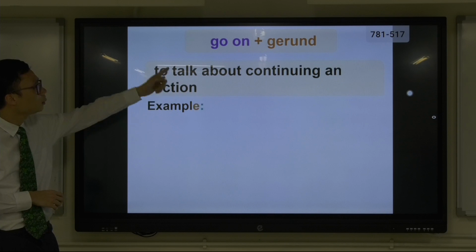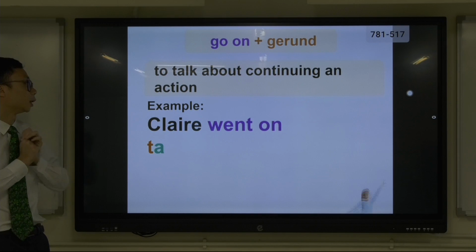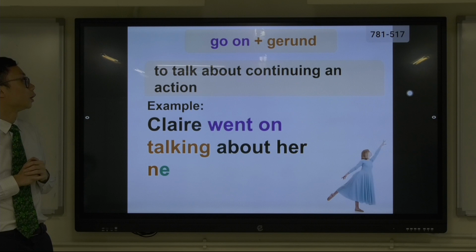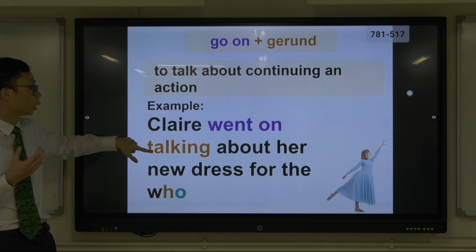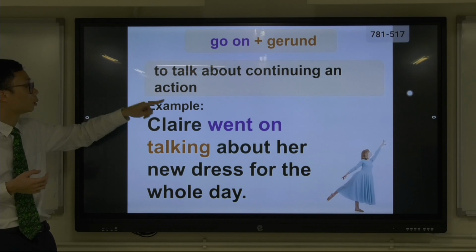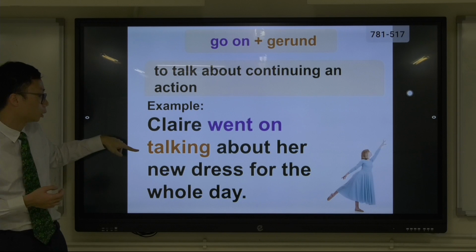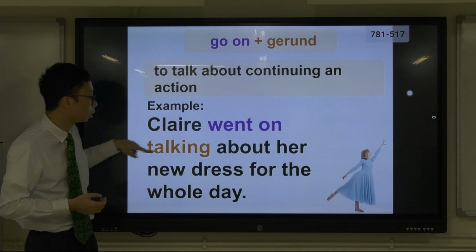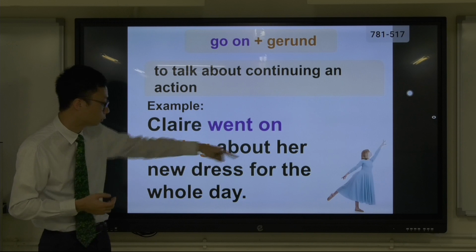What about go on with a gerund? When you put the gerund here, it means you talk about continuing an action. For example, I went on talking about her new dress for the whole day.